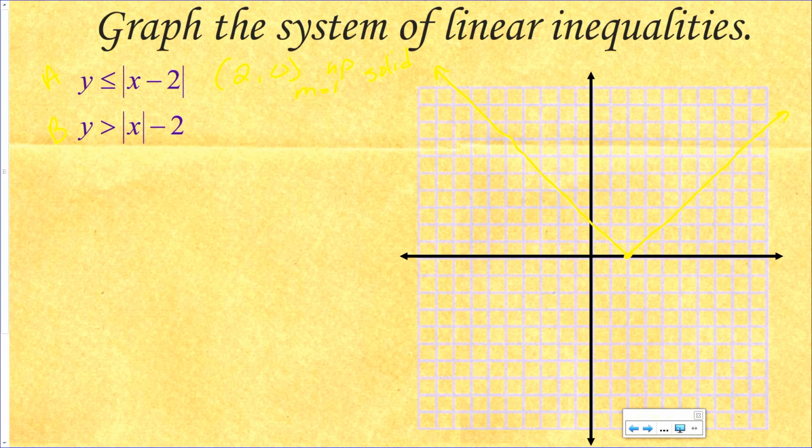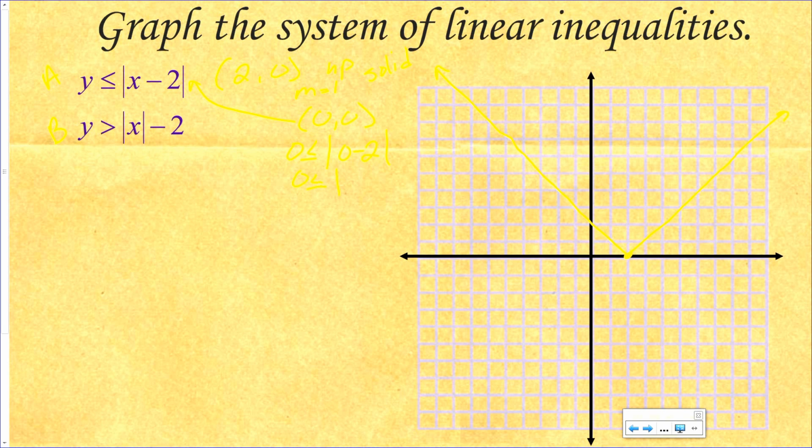Okay. Now, because this is an inequality, what do I have to do? I have to pick a point. Which point shall I pick? Can I just pick 0, 0? Is that okay? Is 0, 0 available? Yeah. Okay, so let's pick 0, 0. We're going to plug it into this equation. 0 is less than or equal to the absolute value of 0 minus 2. What's 0 minus 2?